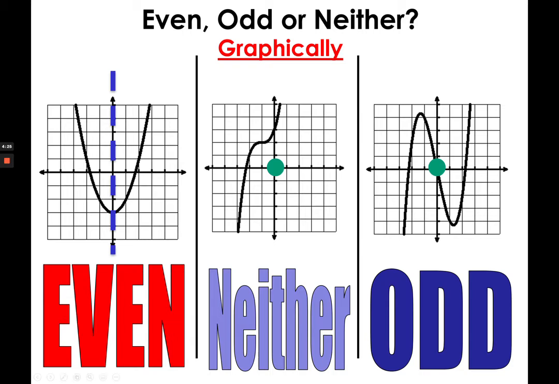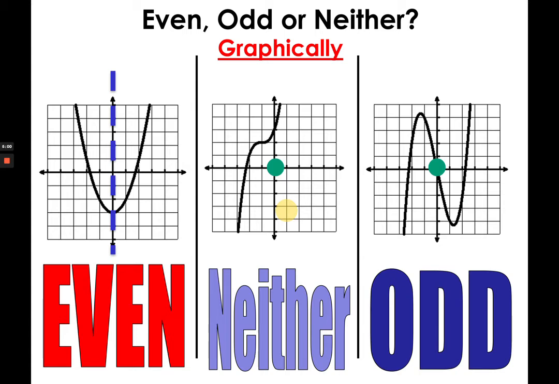So this is your main guide by graphical method: a function is even if it is symmetric about the y-axis, odd if it is the same image when rotated about the origin, or if those two do not apply, then that's a case of a neither odd nor even polynomial function.